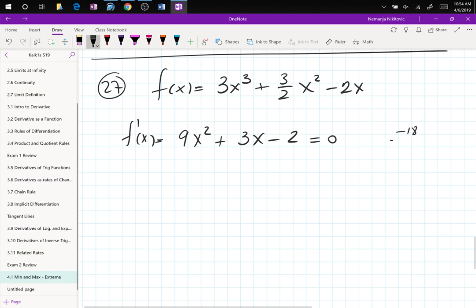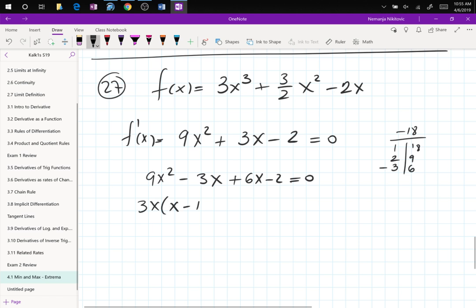We can work with factors of negative 18, which is 1 and 18, 2 and 9, and 3 and 6. So it's positive 6 and negative 3. So we have 9x squared minus 3x plus 6x minus 2. Then factor out 3x, left with 3x minus 1.